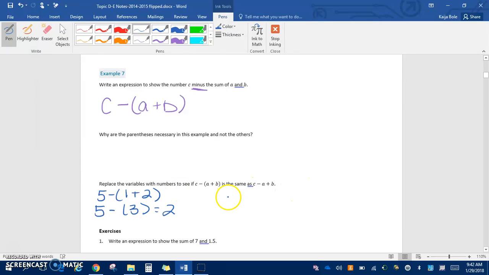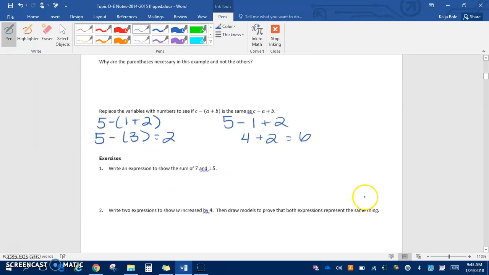If we don't have parentheses though, we'd have 5 minus 1 plus 2. So then we just work from left to right, so we'd have 4 plus 2, which equals 6. So that is why we have to have the parentheses, because if we don't, then that has a different meaning. That's a totally different question.